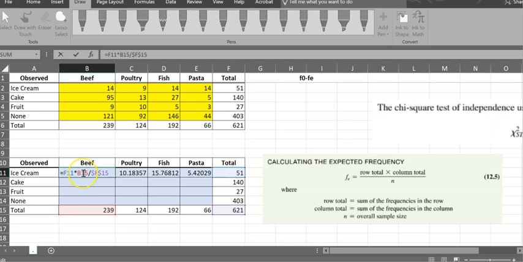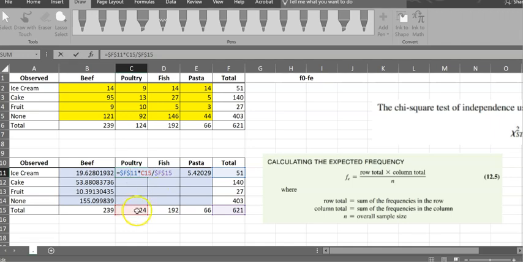So I press F4, and done. You can see I can translate it downward. If I click on the last one, it's accordingly 403 times 239 divided by 621. Okay, all right, that will be perfect.